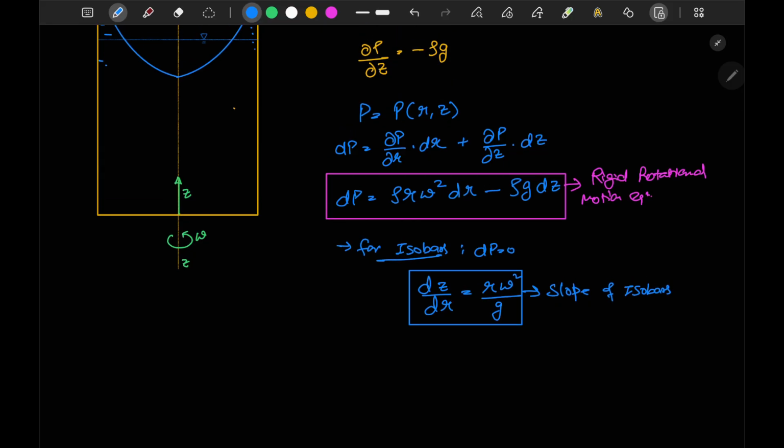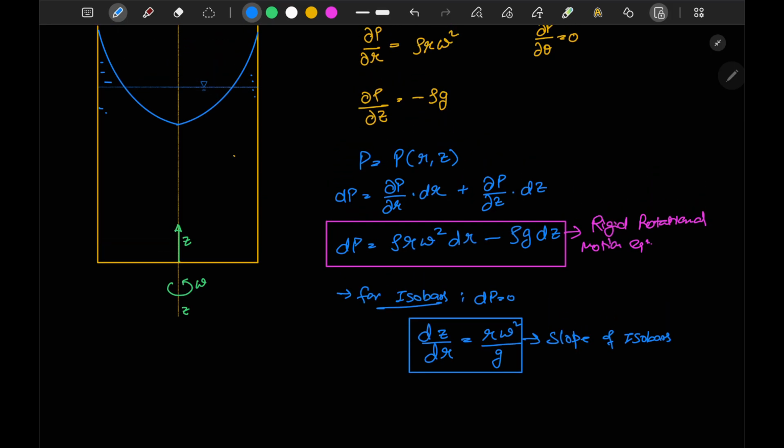We can say that the slope is directly proportional to r. If we move away from the axis, the slope will keep on increasing in that proportion.